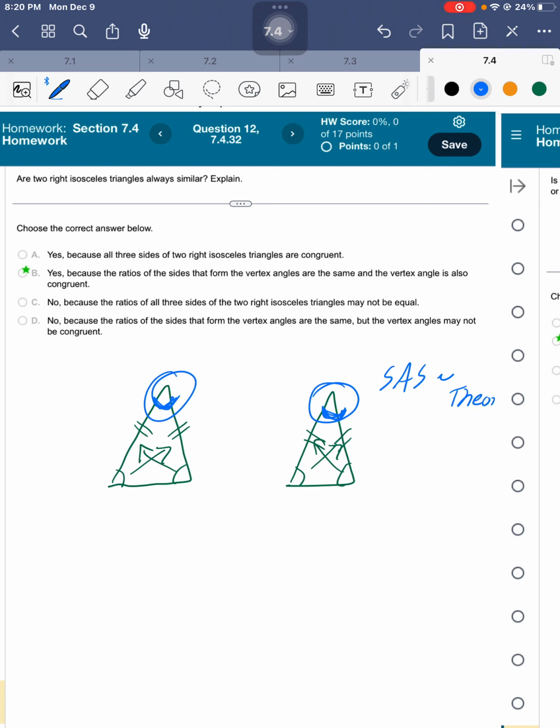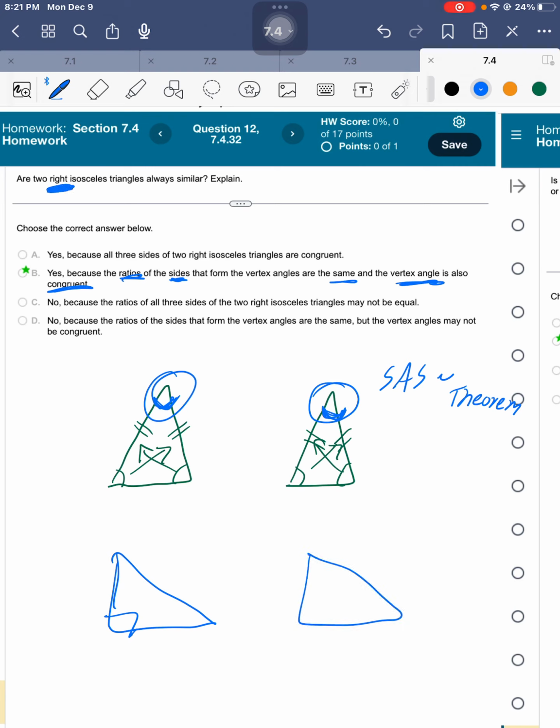They're going to be congruent corresponding as well. So it follows the SAS similarity theorem. Yes, because the ratios of the sides that form the vertex angle are the same, and the vertex angle is also congruent. Okay? Oh, right isosceles triangles. Right isosceles triangles. There you go.